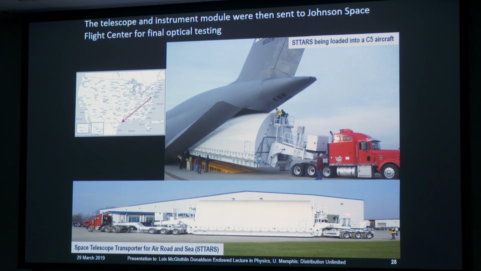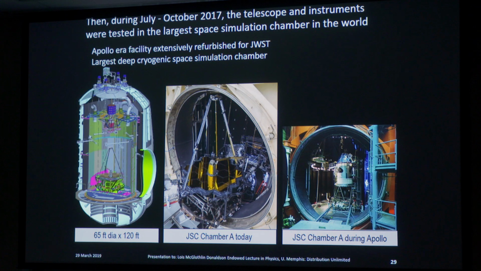It's a truck-mounted container, and it fits into a C-5 jet transport. It just barely fits in, as you can tell, but it does fit in there. And we use that to fly from Andrews Air Force Base to Houston, Texas, so that we could test the JWST in the largest space simulation chamber in the world.